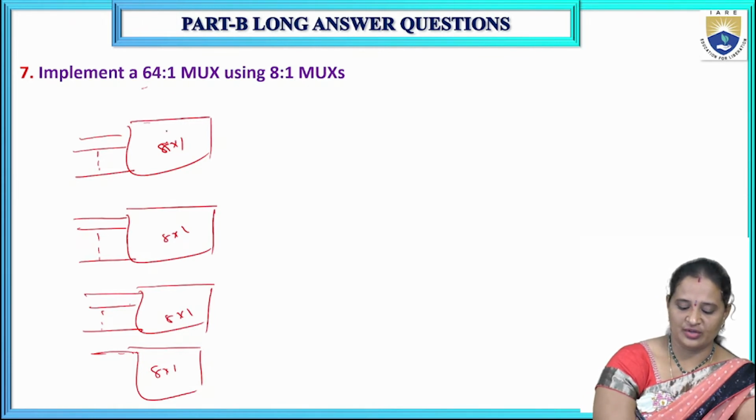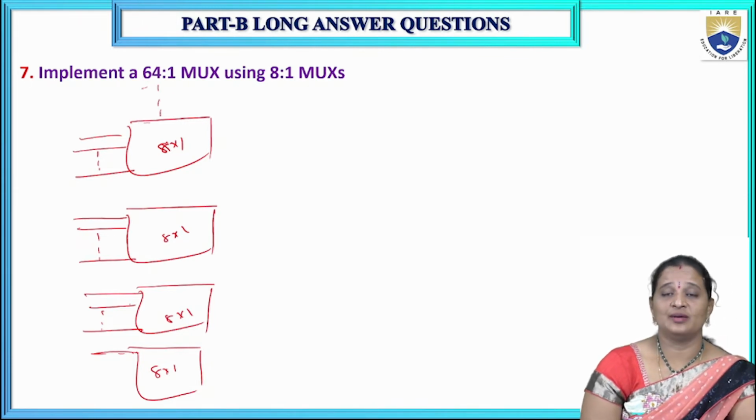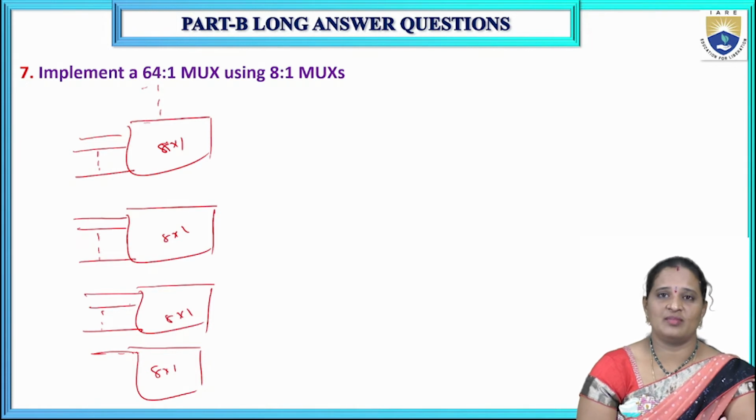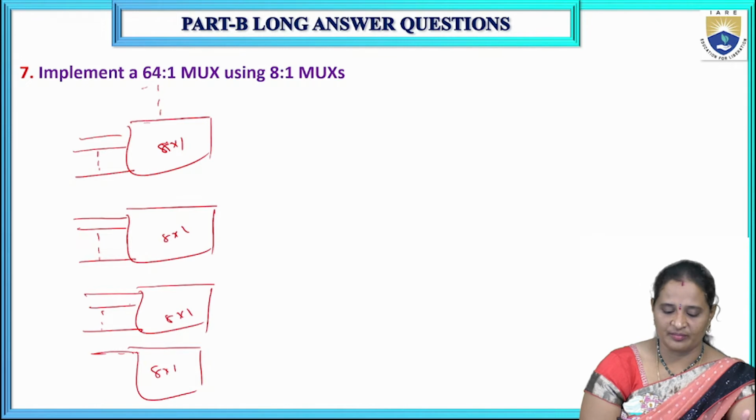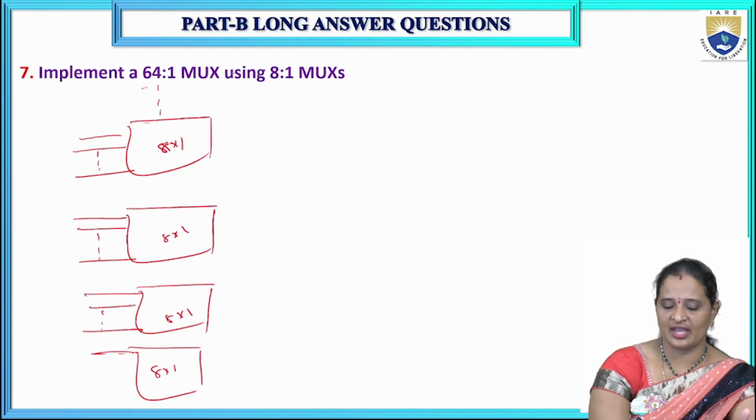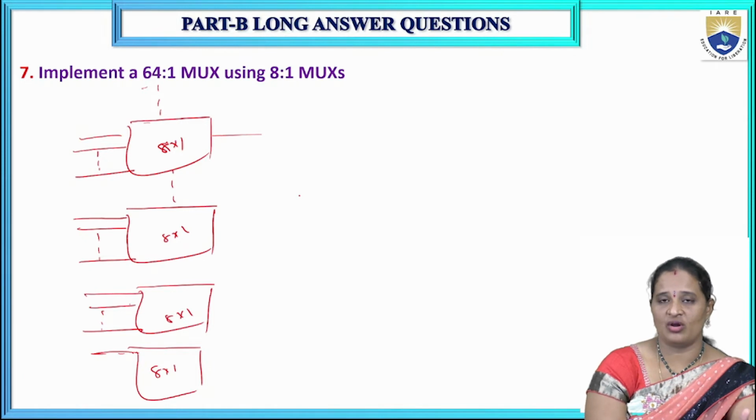So we need to have 8 mux of 8 by 1, so that I could get 64 inputs. So 8 mux we need to take, and then all the 8 outputs of these mux are given again to another 8 by 1 mux.